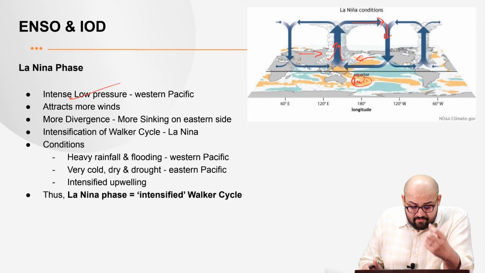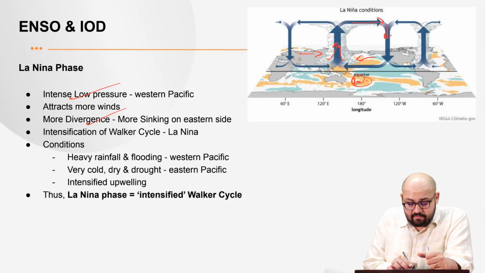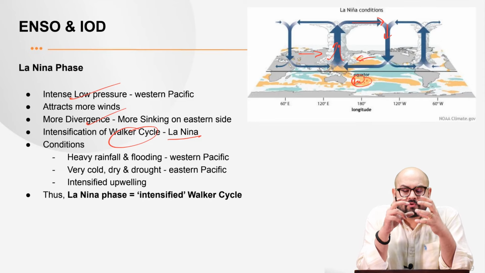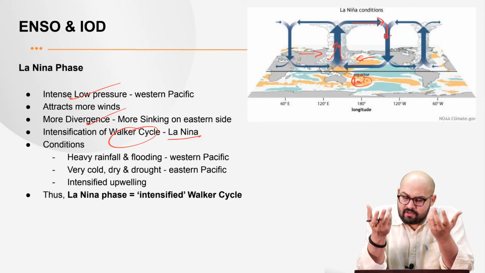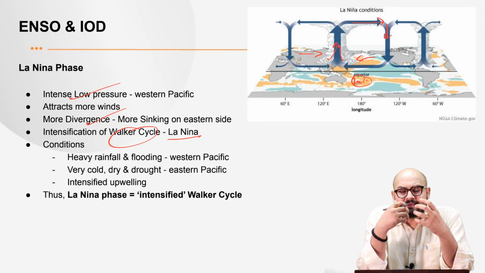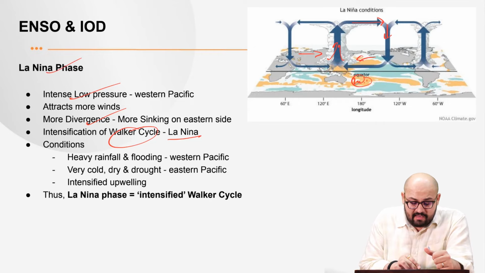Now, this intensification of the Walker cycle is nothing but the La Nina. So, if you have got the neutral phase, and we know that it corresponds to the Walker cycle, when intensification of the Walker cycle takes place, it results in the formation of the La Nina phase.